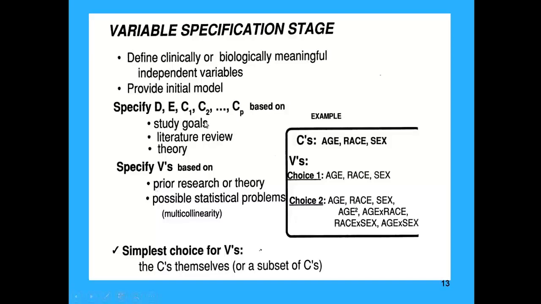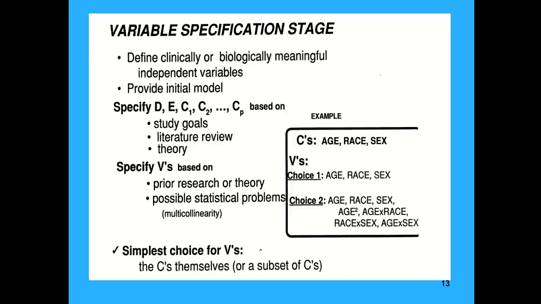But then you remember, in the classes that Eli taught and I taught last semester, there's this EVW model. When you start talking about what variables to control for as potential confounders or potential effect modifiers, you might want to consider not only the C's, but functions of the C's. Like you may have age, but you might also want to put age square in the model.